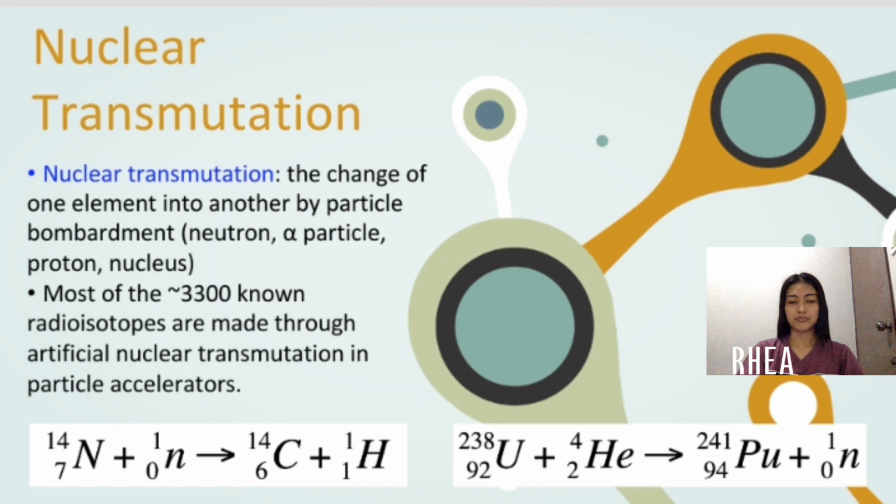Below are some examples. Most of the 3,300 known radioisotopes are made through artificial nuclear transmutation in particle accelerators. All elements with atomic numbers greater than 92, or transuranium elements, have been artificially made.